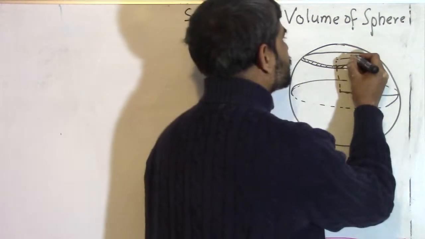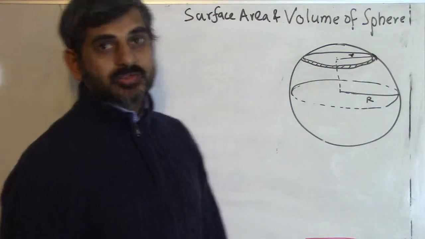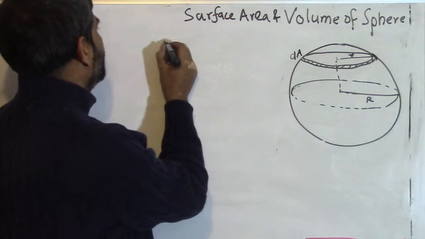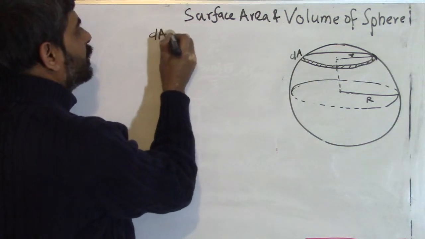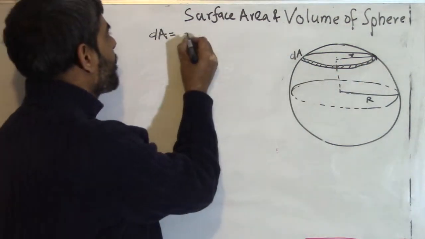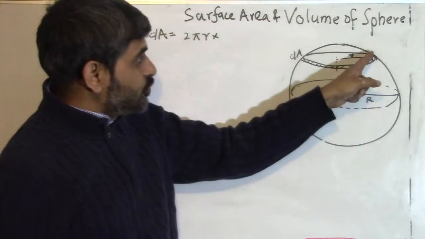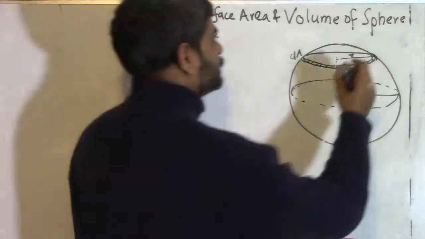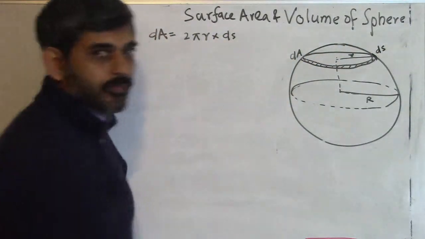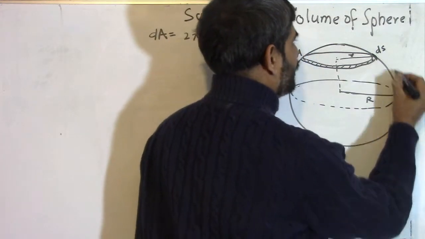So let this radius be small r, and if we call this small area dA, then dA is given by this circumference, 2 pi r, multiplied by this small length, let's call it ds. Essentially, we are measuring this length all the way from here to here.